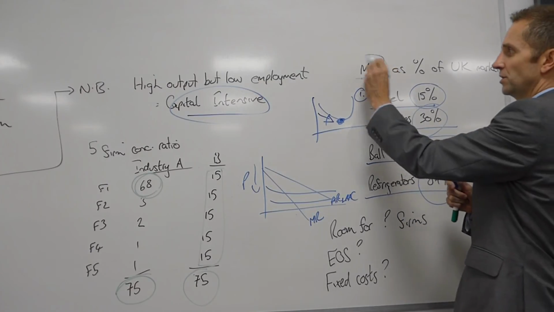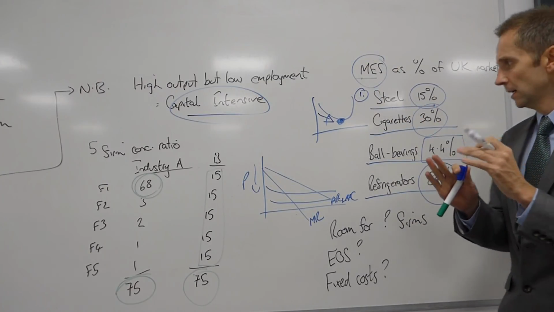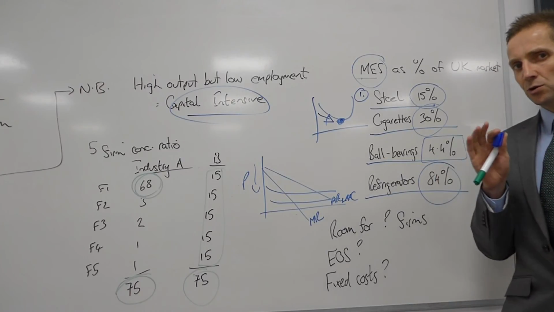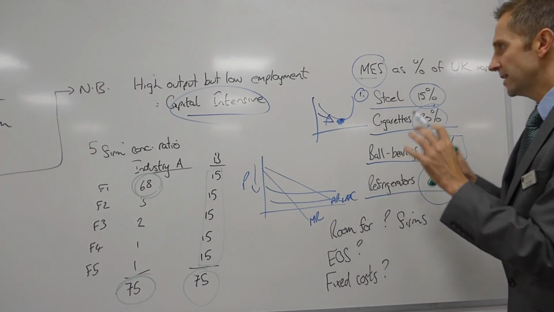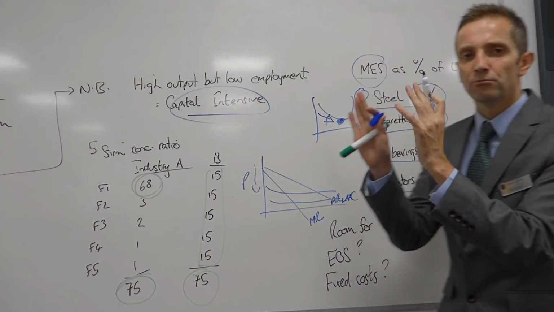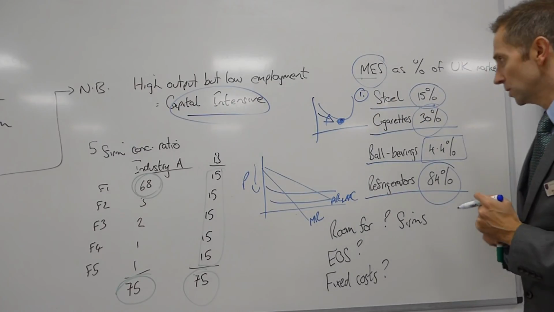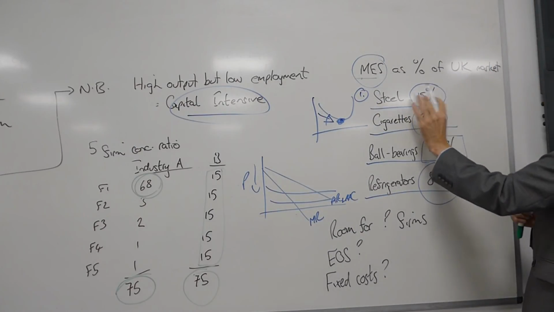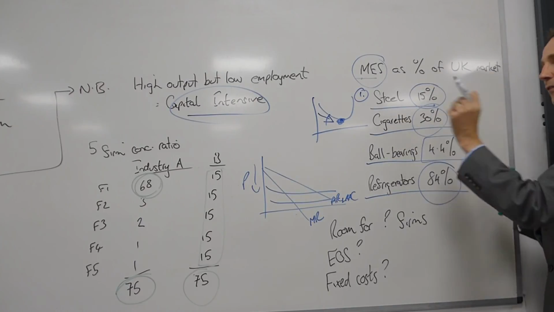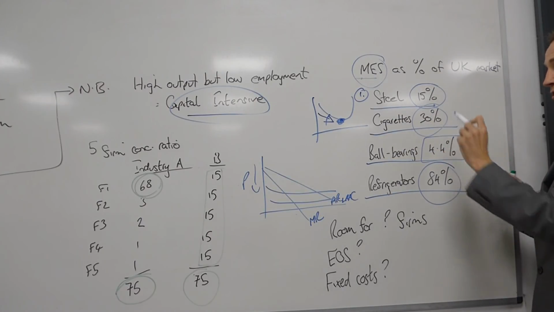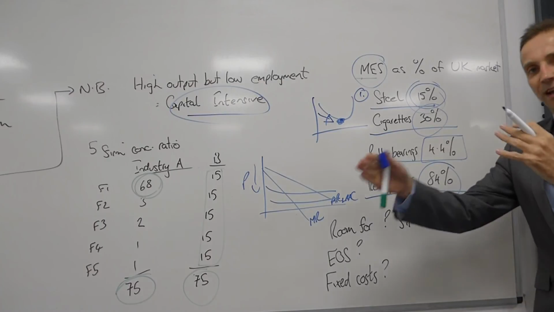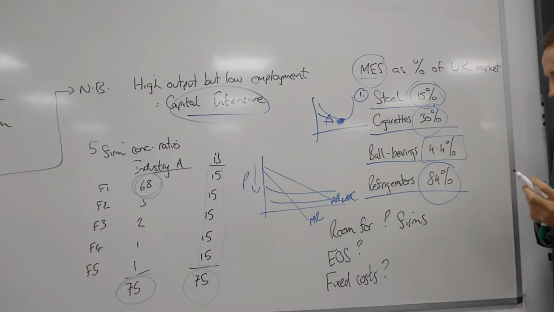So this whole notion of the minimum efficient scale also helps us to consider how many firms will be in the industry and what the relative concentration ratio will be. So in this one, the concentration ratio, if all firms are operating at minimum efficient scale, is likely to be the 7 firm concentration ratio.